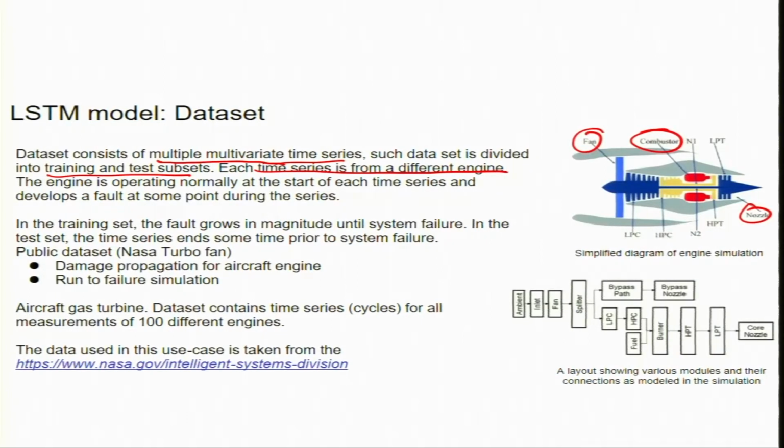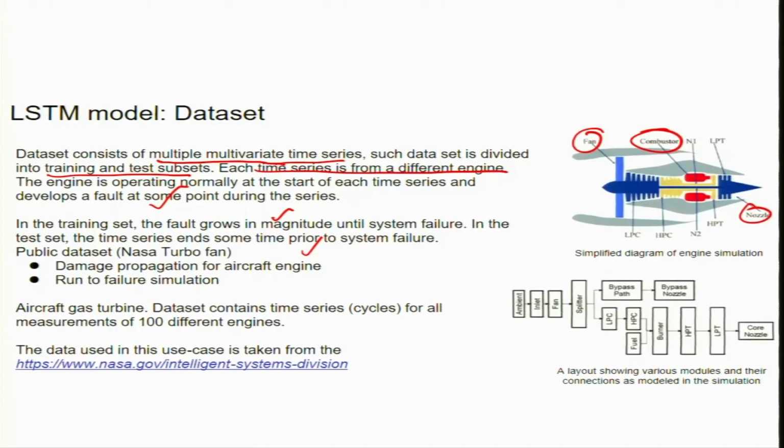The engine is operating normally at the start of each time series and develops a fault at some point during the time series, all of which is captured in the data set. In the training data set, the fault grows in magnitude until the system failure. In the test data set, the time series ends some time prior to the system failure.